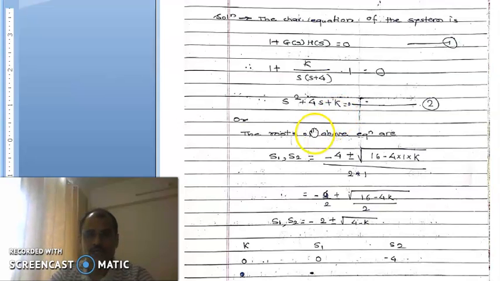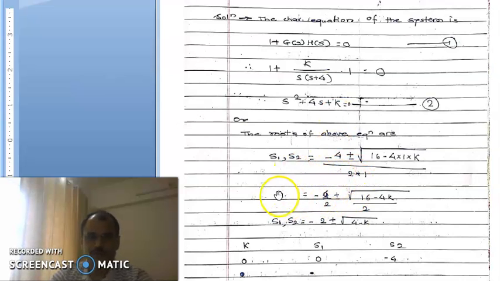Here the characteristic equation is the quadratic equation, and we know if we have the quadratic equation a s square plus bs plus c, then the roots of that standard equation are given by the standard solution, which is minus b plus or minus root of b square minus 4ac upon 2a, where a is the coefficient of s square term, b is the coefficient of s term, and c is the coefficient of s raised to 0, or it is a constant one.